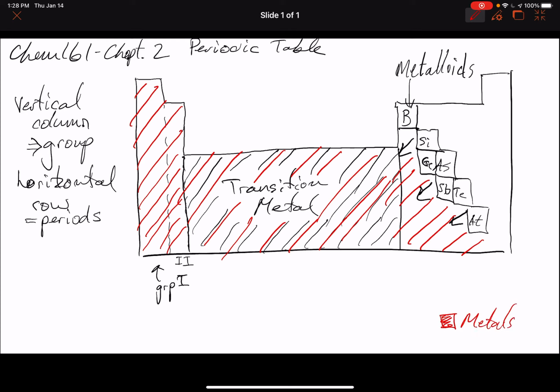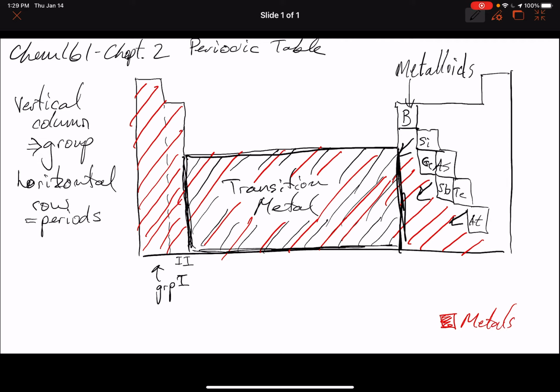When we speak of the transition metals, we are speaking of those found in the rectangular portion of the periodic table only. So transition metals are in the metals area, and not all metals are transition metals. Hopefully that is clear.